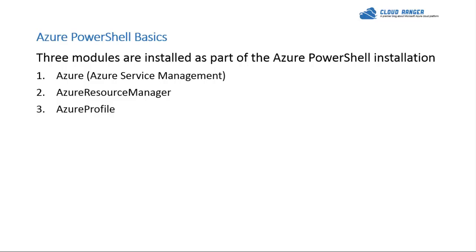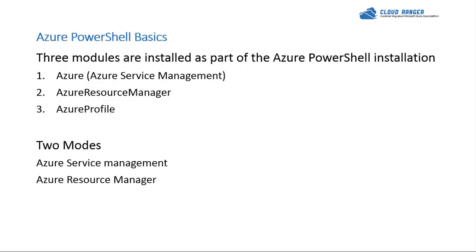The next thing you need to know is that there are two modes that you connect to from your Azure PowerShell. One is Azure Service Management, which is when you are loaded with the Azure modules. And then you have the Azure Resource Manager mode when you are loaded with the Azure Resource Manager modules. For the subscription connection from Azure PowerShell, you can only use Azure Service Management mode when you are connected through the certificate method.